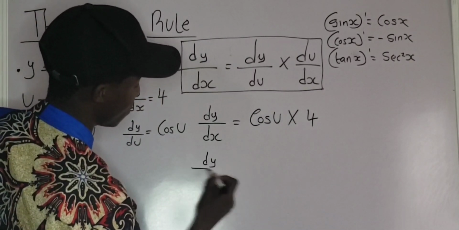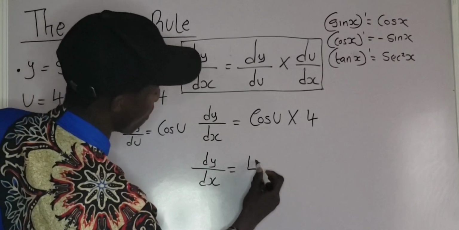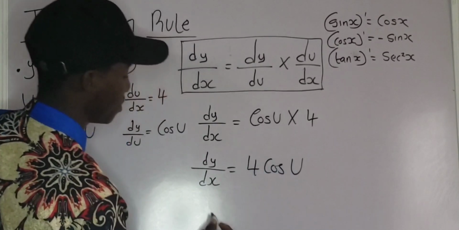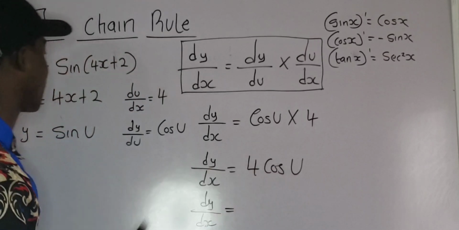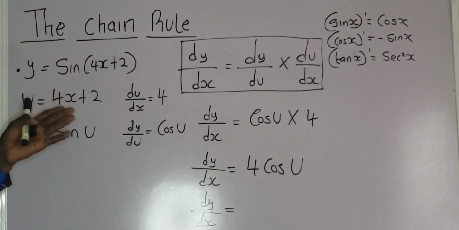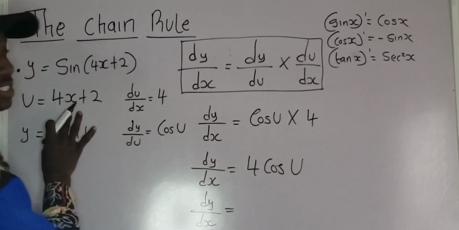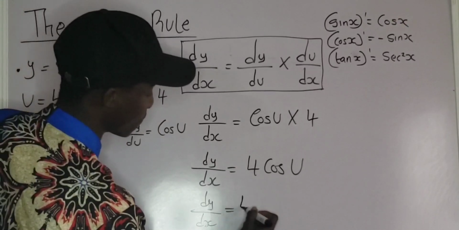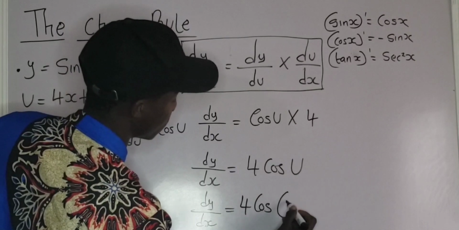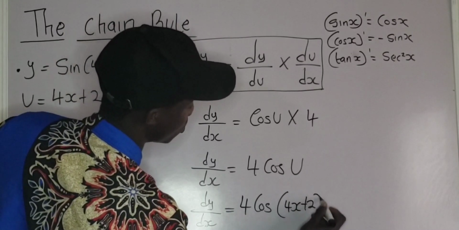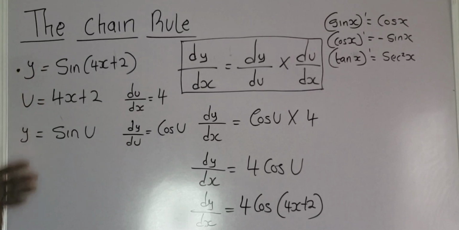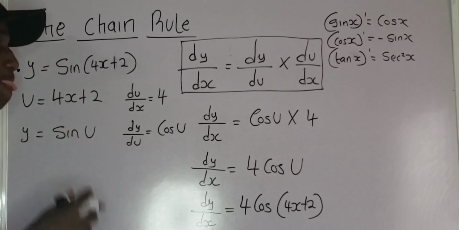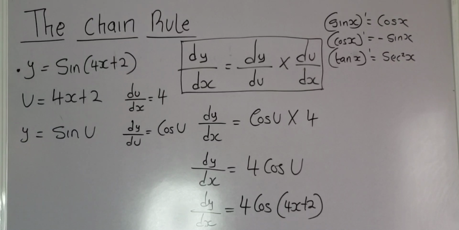So dy over dx is equal to 4 cos u. Don't forget that we have set u equal to 4x plus 2. So I'm going to replace u with 4x plus 2. You understand? So I'm going to have 4 cos of 4x plus 2. Therefore, the derivative of y equals sine of 4x plus 2 is 4 cos of 4x plus 2. Do you understand? Let's have another worked example on chain rule.